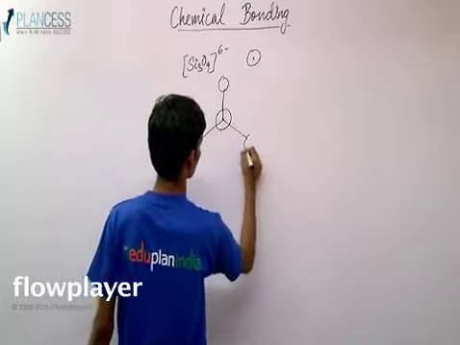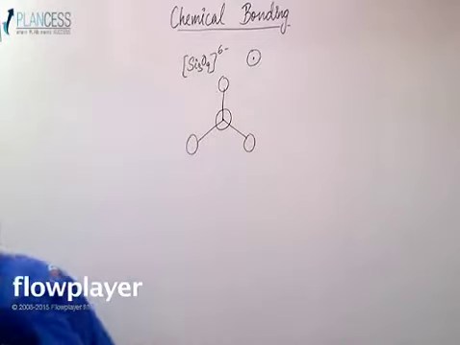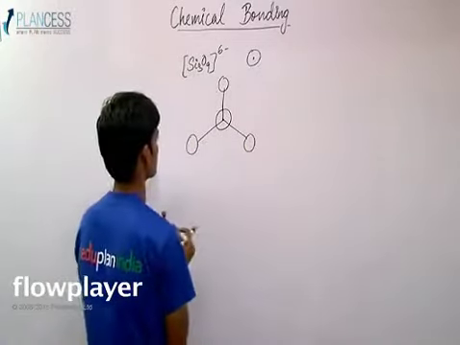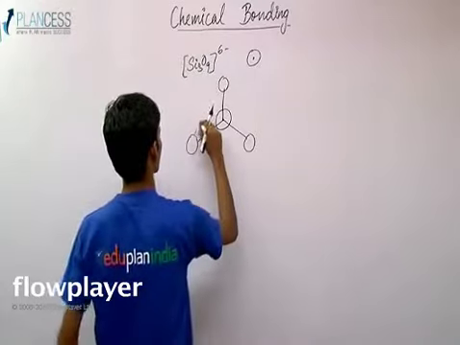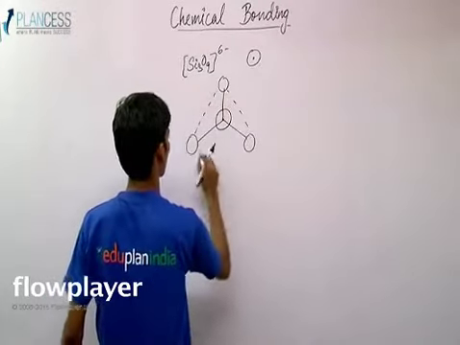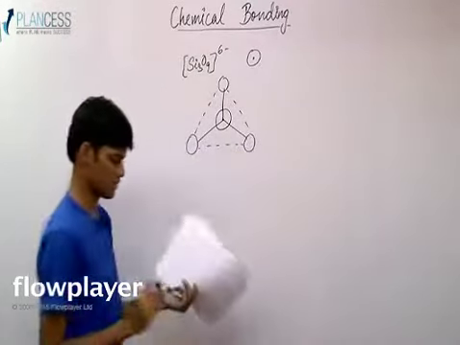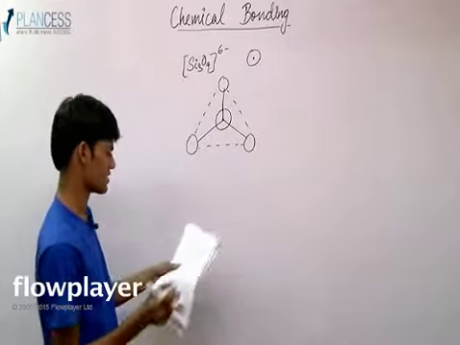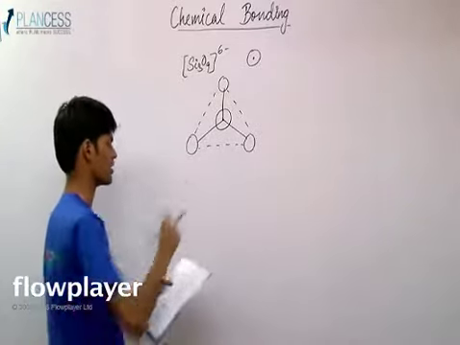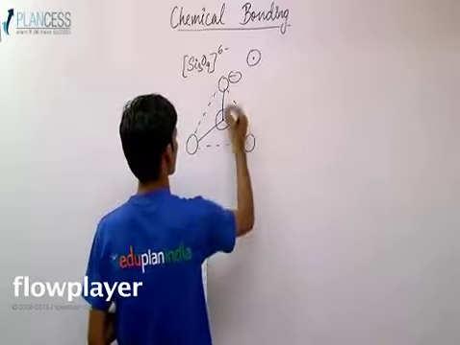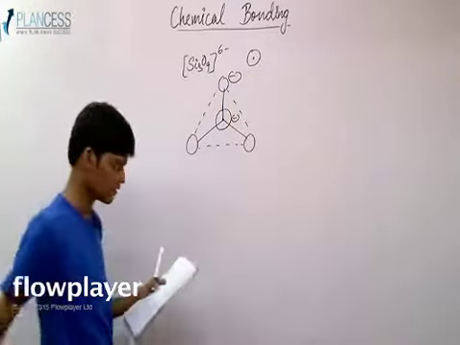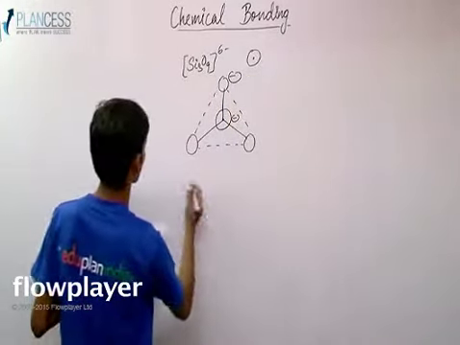Let me use 2 colors because it is a little bit complex. This is one part of this SiO, and there is a negative charge here, negative charge here also.